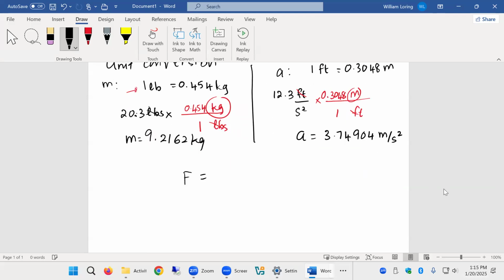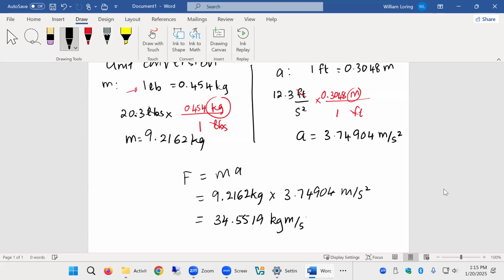Force is equal to mass times acceleration: 9.2162 kilograms and 3.74904 meters per second squared. That would give me 34.5519 kilogram meters per second squared.